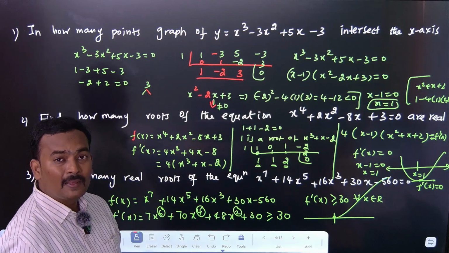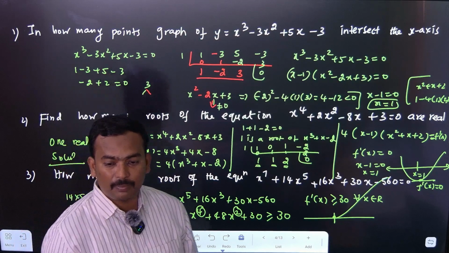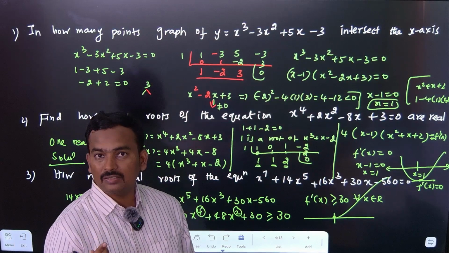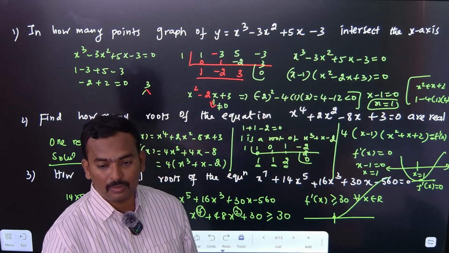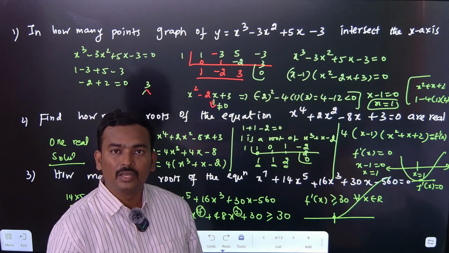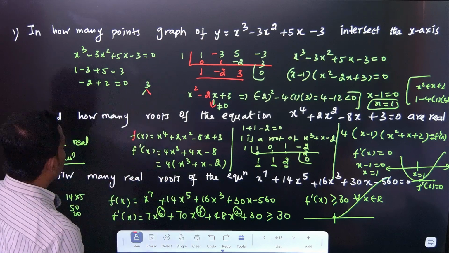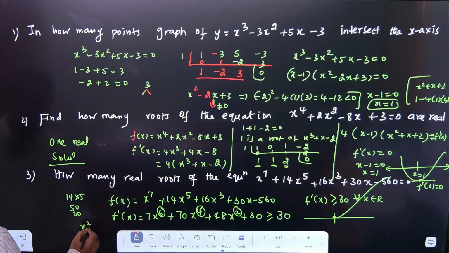Why are we telling this? Because if an even degree polynomial is there, if one root is a complex number, then the conjugate is also a complex number. For example, if I take x square plus 1 equal to 0, x square is equal to minus 1, x equal to plus or minus square root of minus 1.